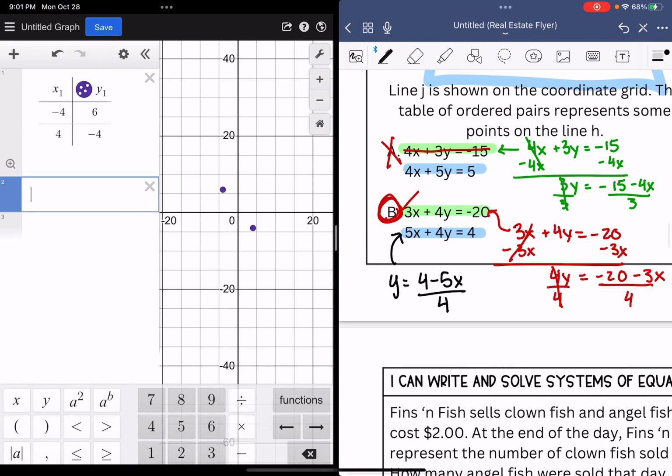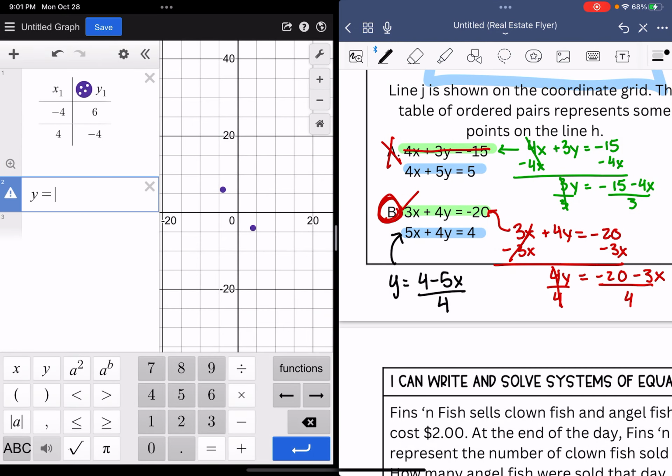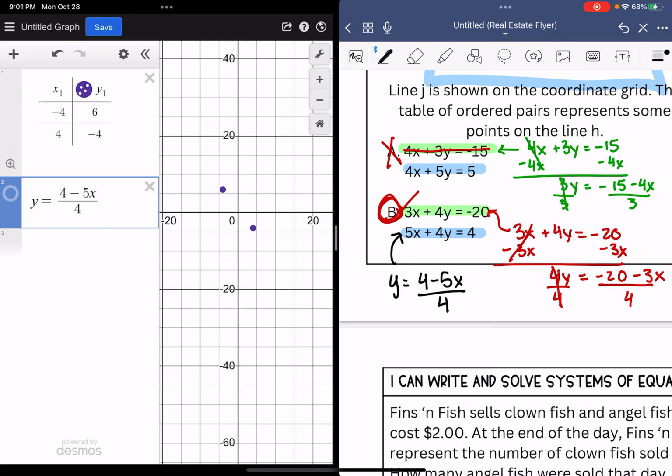And if I were to put that into Desmos right here, y equals 4 minus 5x over 4, you would see that that line passes perfectly through those 2 points. So I would know that is my correct equation, and again, it is B.